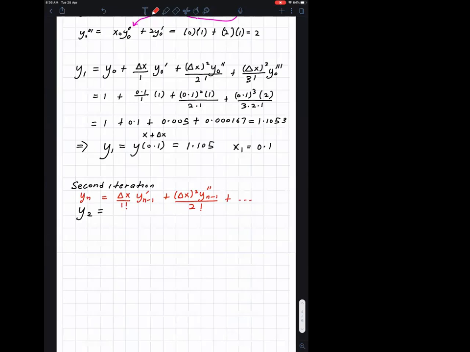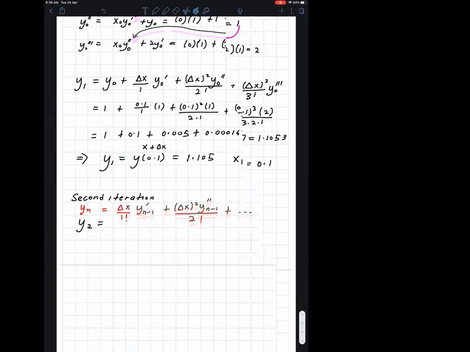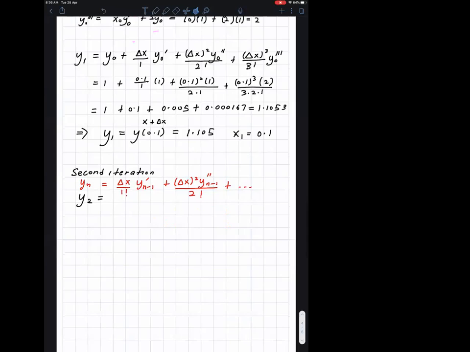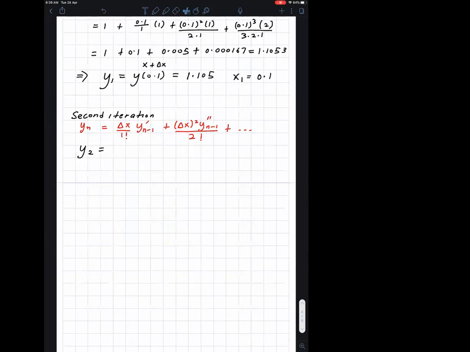This is a general formula, but you don't really have to remember it because we are only doing a few iterations. Later on, when you want to program these things, you may need this formula.